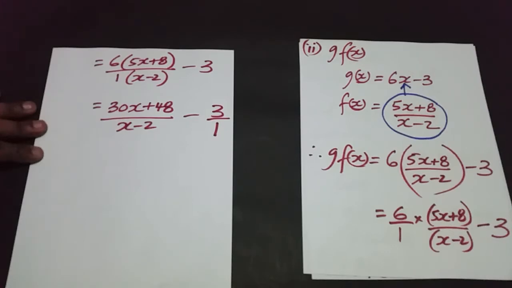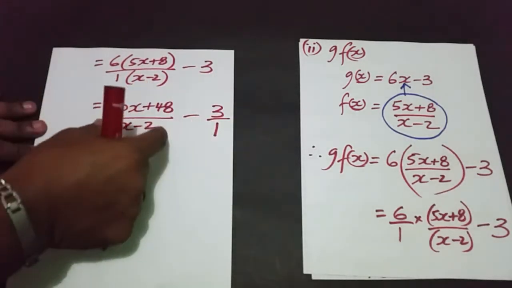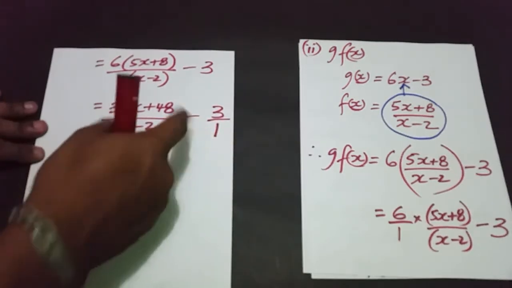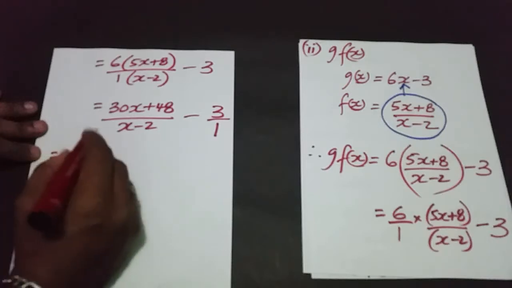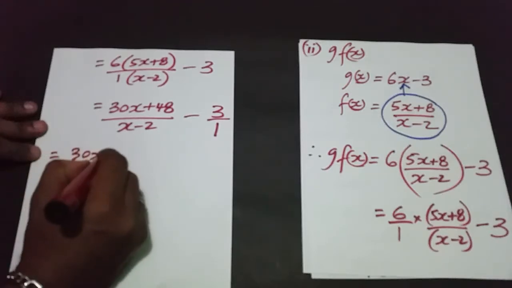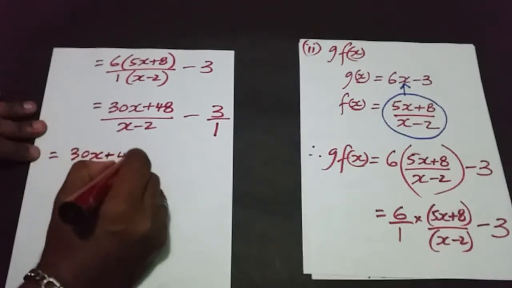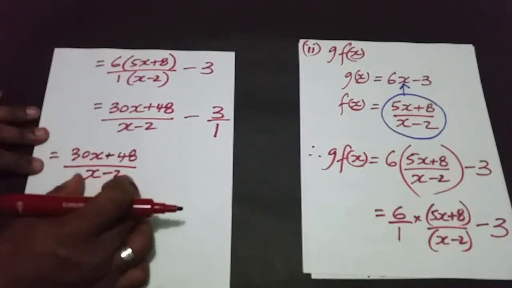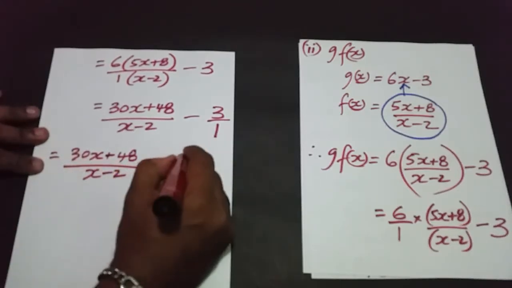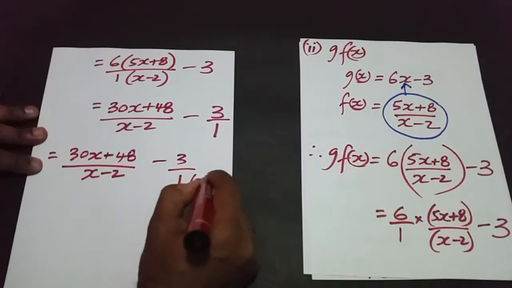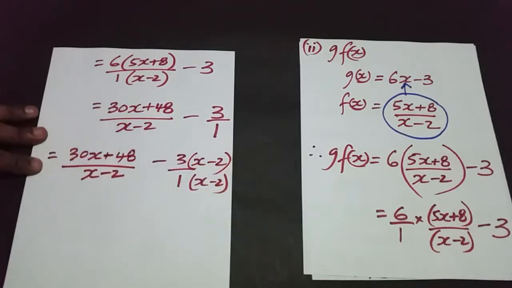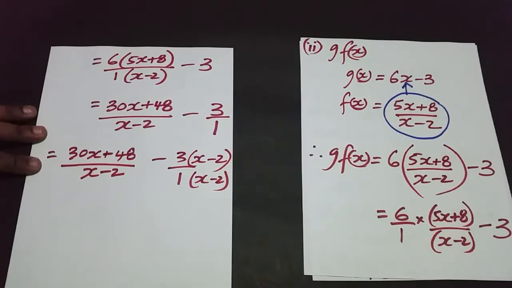Now, in order for me to write as a single fraction, I need to get both fractions having the same denominator. In this particular case here, I have 1 as a denominator. So to deal with that, I'm simply going to try to get the same denominator. So this is x minus 2. So what I'm going to do is multiply here by x minus 2, and anything I do to the denominator, I have to do to the numerator as well.